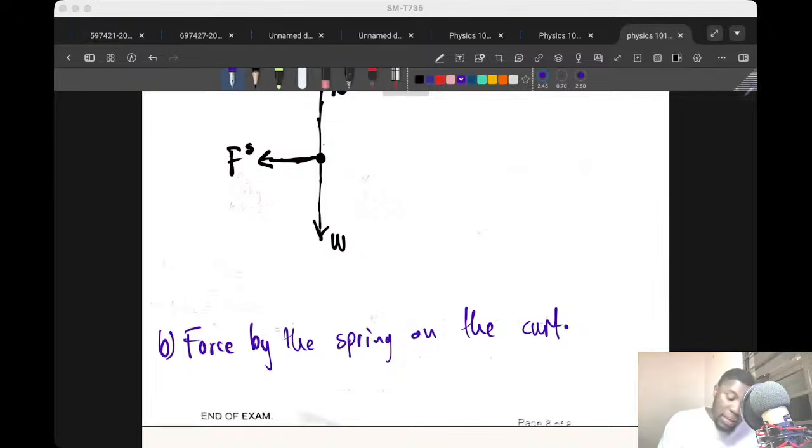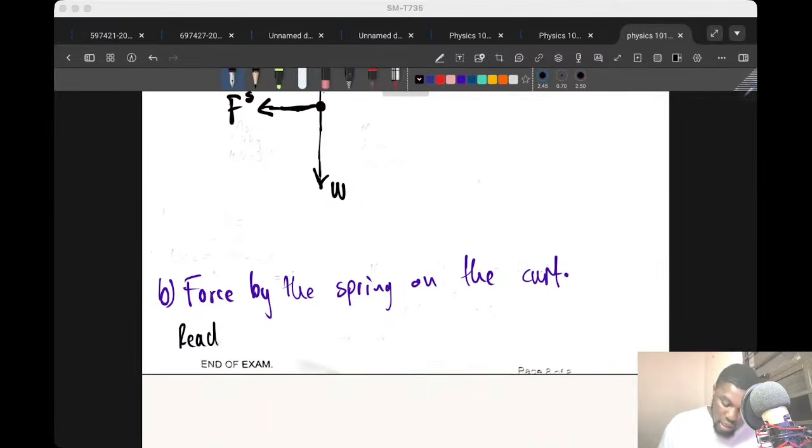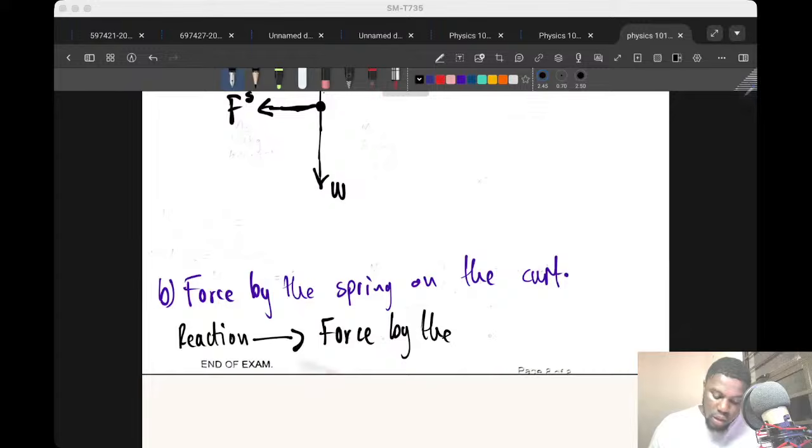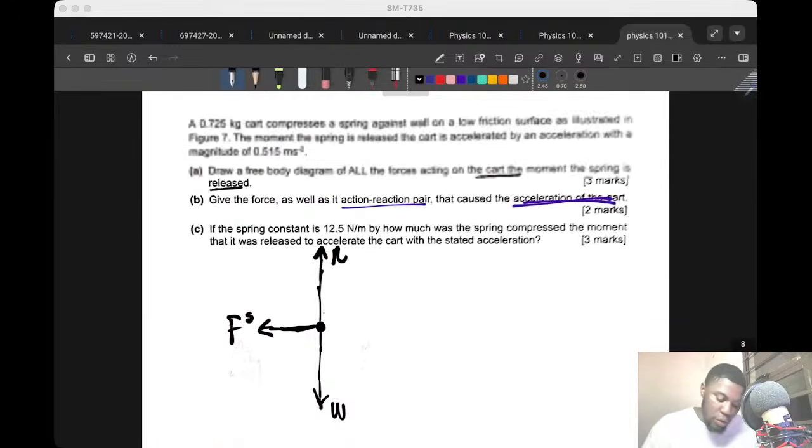And then you'd be saying, what about its reaction? The reaction would now be force by the cart on the spring. Action reaction, simple fixture, we move on.